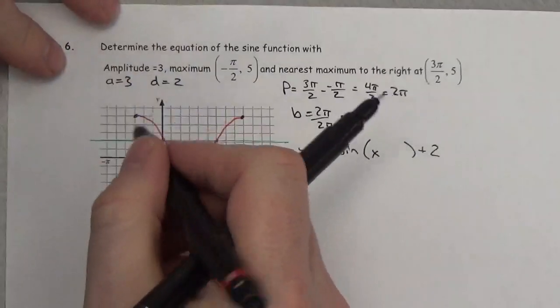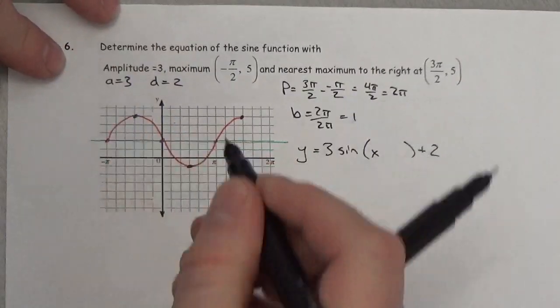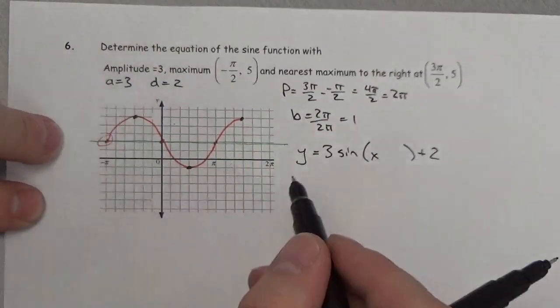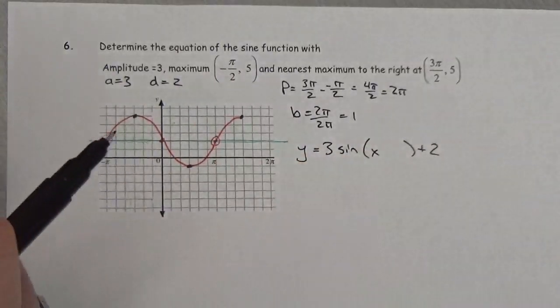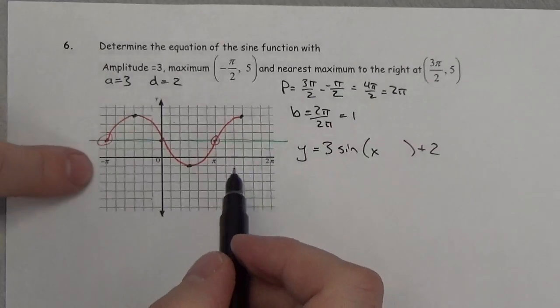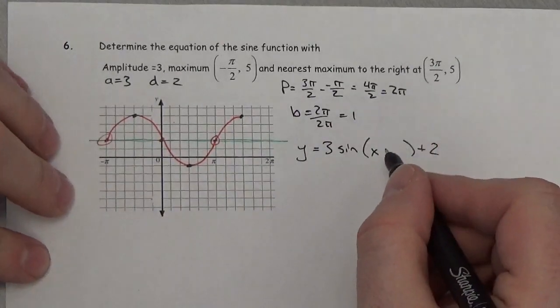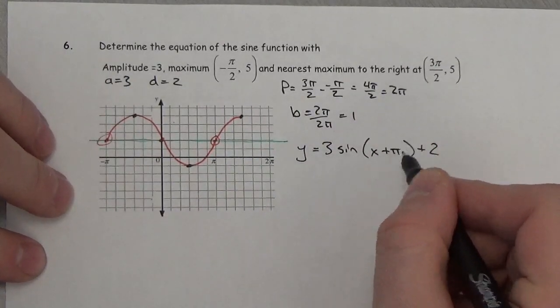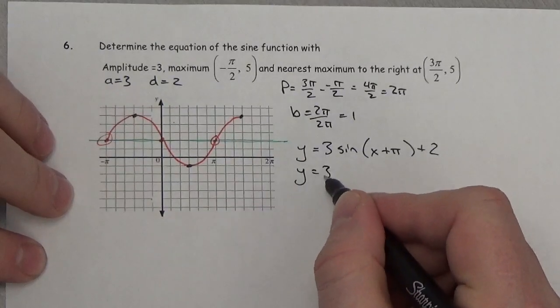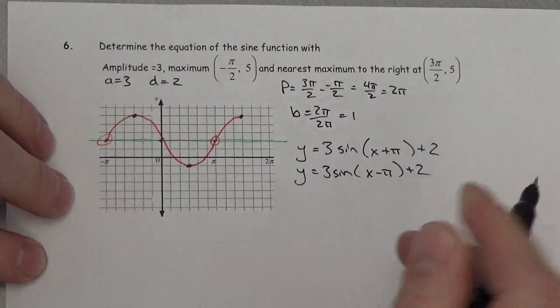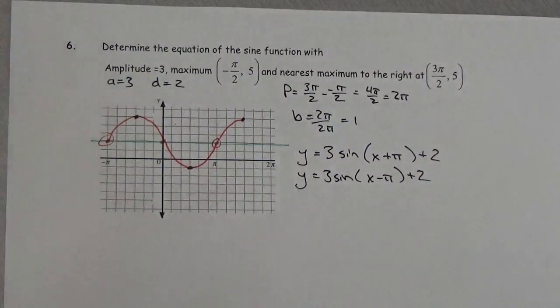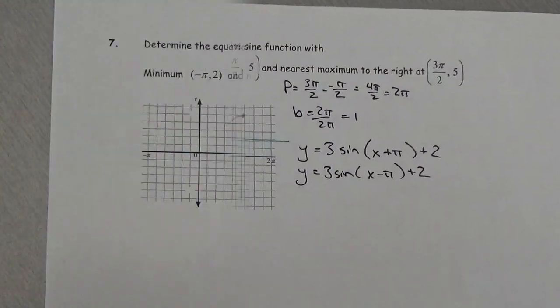This graph is going to come back down to here. This could be a starting point for a sine graph, and so could that. But it could be negative pi or pi. They're both the same distance away here, so this could be pi to the left. This could be pi to the right. Both of those are going to give me the same graph. You just got to pick which one you want to do.